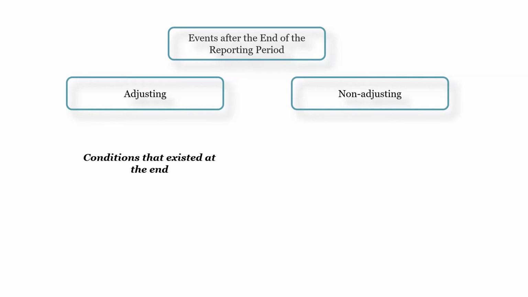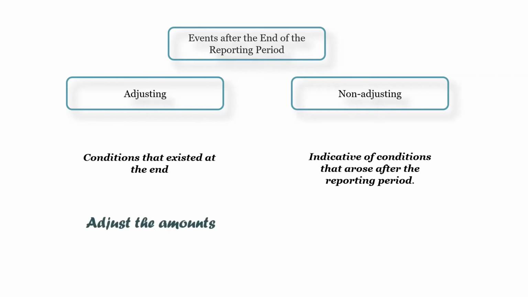So, we have to adjust yung amounts. For non-adjusting naman, may indicative of conditions that arose after the reporting period. So, pag non-adjusting, we just have to disclose the event.